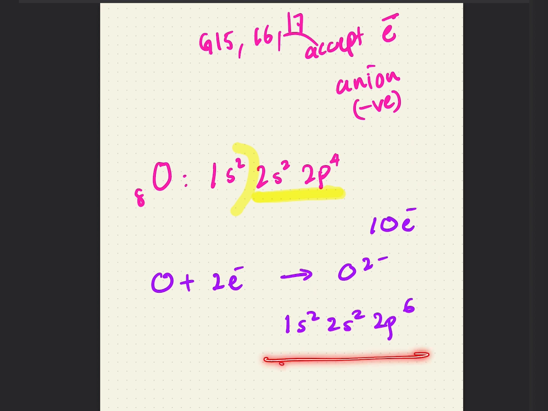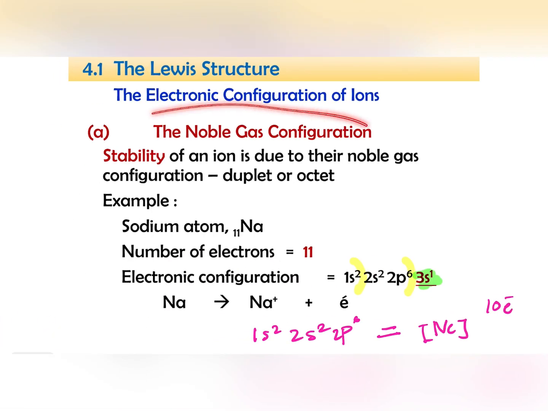So you will have this electronic configuration, and this is the electronic configuration of noble gas. Noble gas mana? Neon, 10 elektron. Okay, so kalau lagi besar elektron tu, refer kepada group 18 lah. Group 18 kamu ada beberapa elements kan, contoh neon, argon, krypton. So apa-apa je yang sama sebiji dengan group 18 noble gas electronic configuration, so itu kita panggil sebagai, inilah, stability of noble gas configuration. Okay, so ingat dia sama ada akan capai duplet ataupun octet.